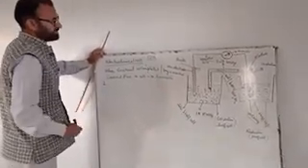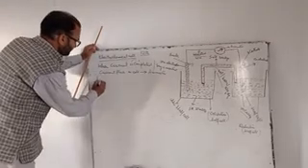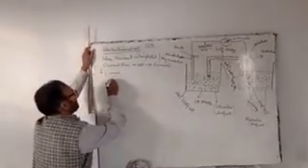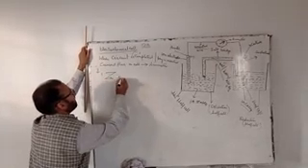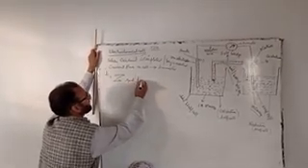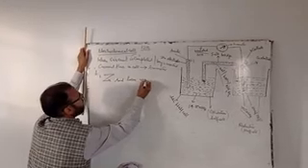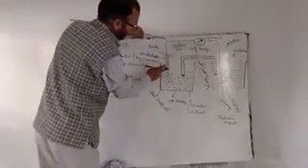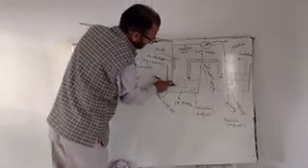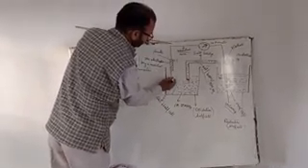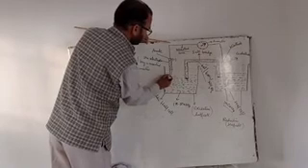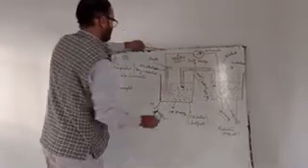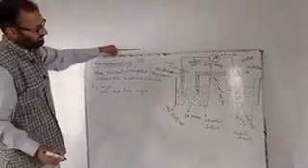What changes take place in the cell? Number one, the zinc rod loses weight. This zinc rod loses weight.